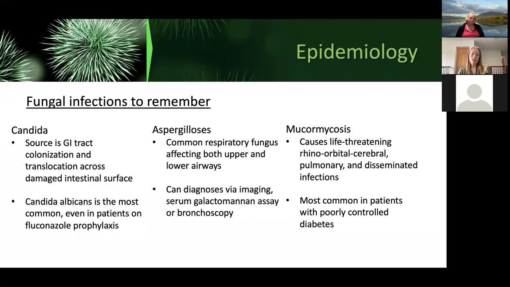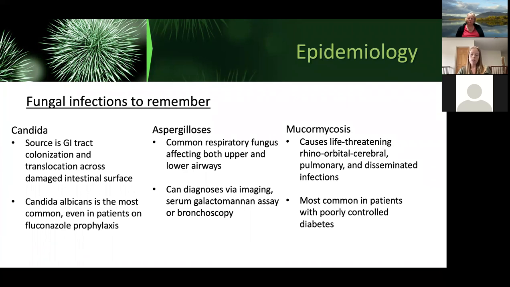And candidemia is something that can present in these patients with minimal symptoms. So if you see someone with Candida in the urine who has a catheter, the treatment is still just to change that catheter. It's not to treat them for systemic Candida infection, but keep Candida in the back of your mind for someone who is persistently febrile neutropenic or febrile and has been neutropenic for an extended period of time.